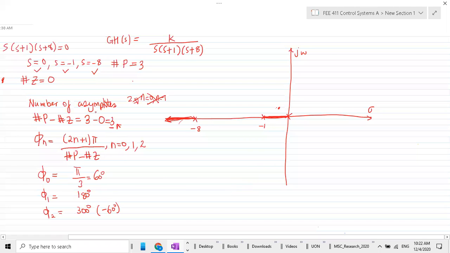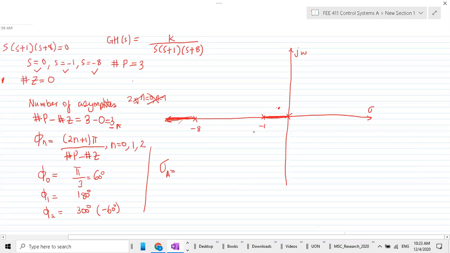So the direction which the locus will follow will have these angles along the real axis. But we don't know where these angles intersect or start on the real axis. That's where the centroid comes in.